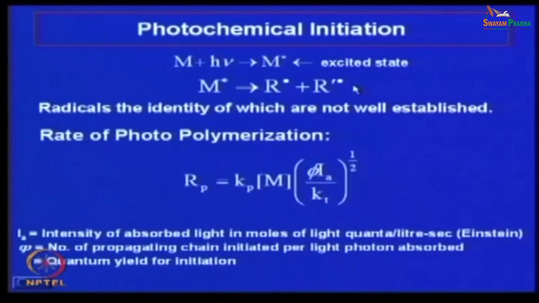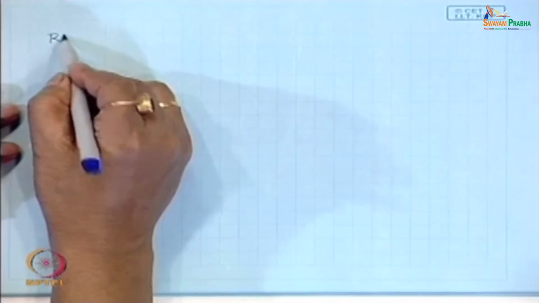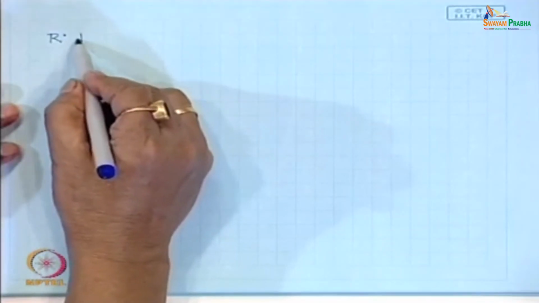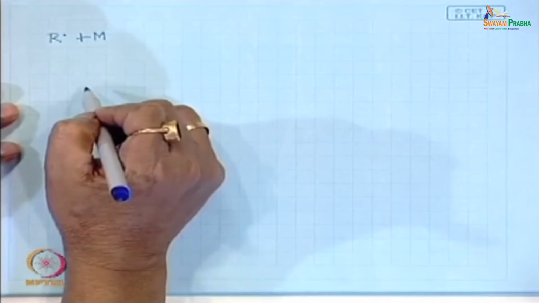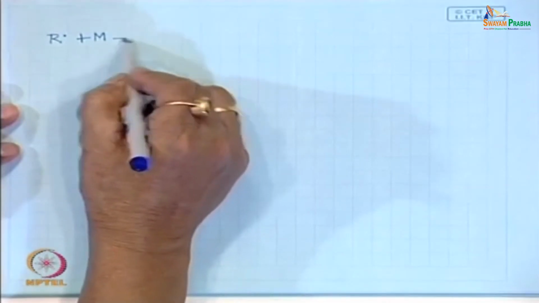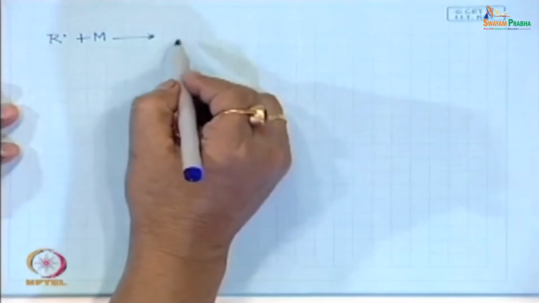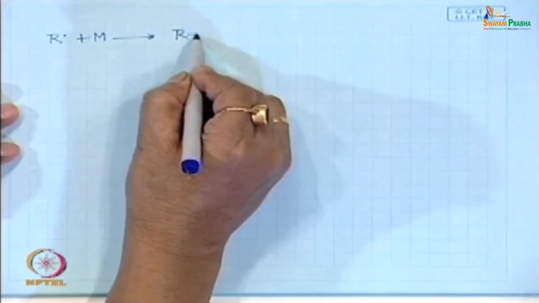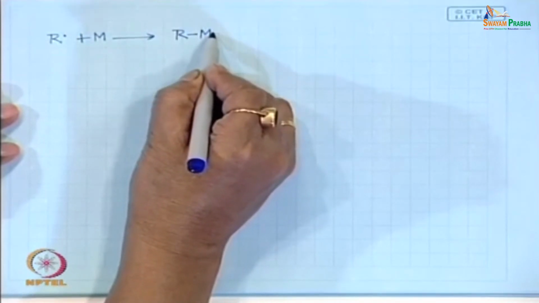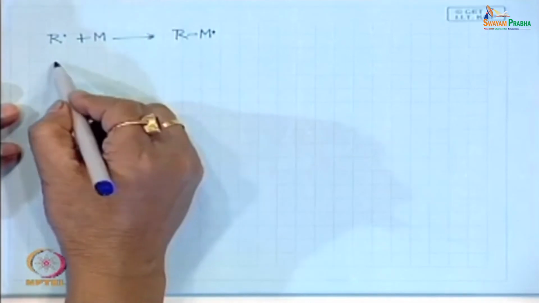Now, there are other considerations too. You have seen in case of thermal initiation the sequence of events: the primary radical R adds to the monomer at the initiation step, forming an initiated radical, R M dot.